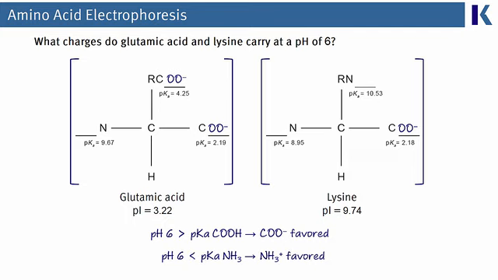How do we go about finding each amino acid's overall charge? The idea is just to look at the charges carried by each individual functional group on an amino acid and then add up these individual charges. So looking at glutamic acid, we have 2 negative charges, the carboxylated anions, and then 1 positive charge, which adds up to a net charge of -1. Same deal but opposite again with lysine.